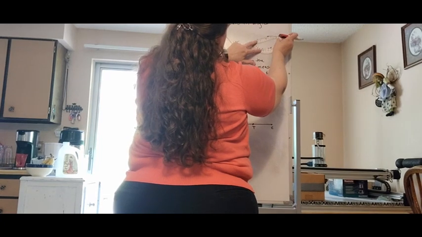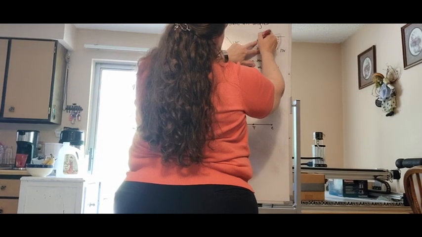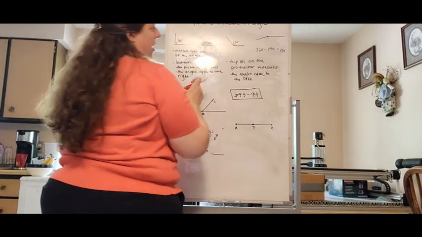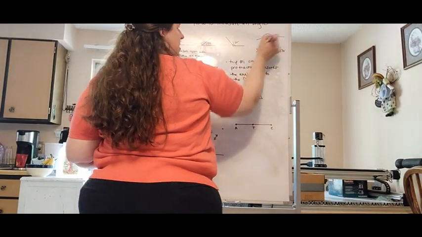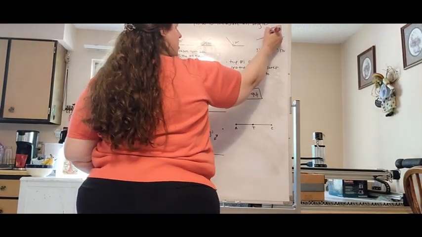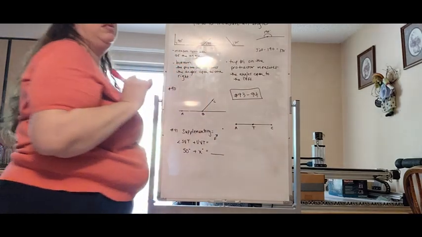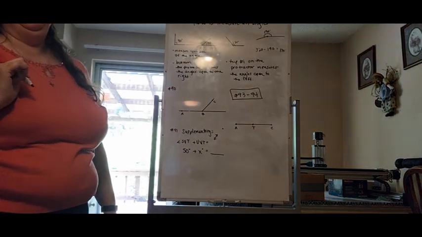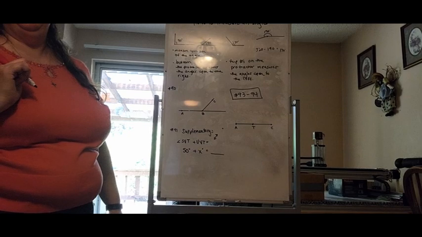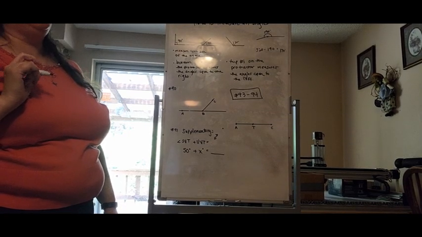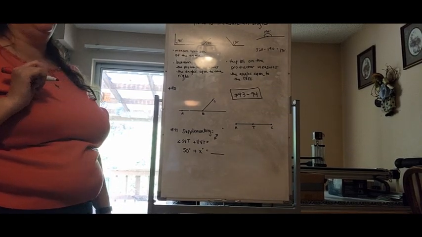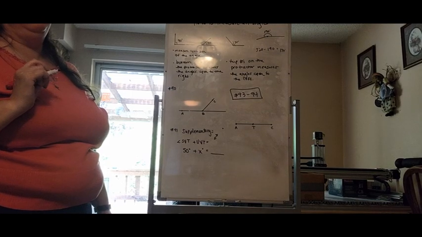Where's my 170? And here, mark a straight line. Now this is like 190 degrees. Yes. And now mark one set. My 170 is right here. It's not going to be very far down because it's only 10 degrees down from a straight line.